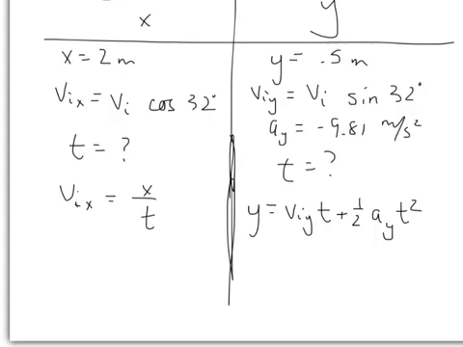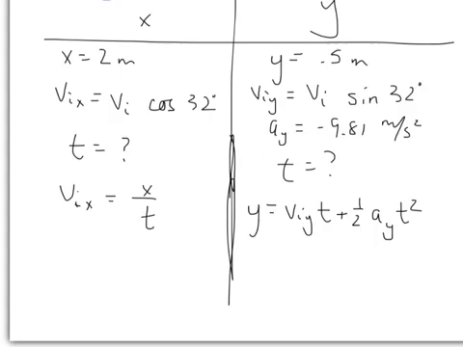But what do you know? Time is on both sides, and so is VI. Which one are we looking for again? VI. So do we really care about the time? Here's what you do, and write this note down: solve for the variable you don't care about, or you don't want, on one side. In this case, we don't care about time, right?